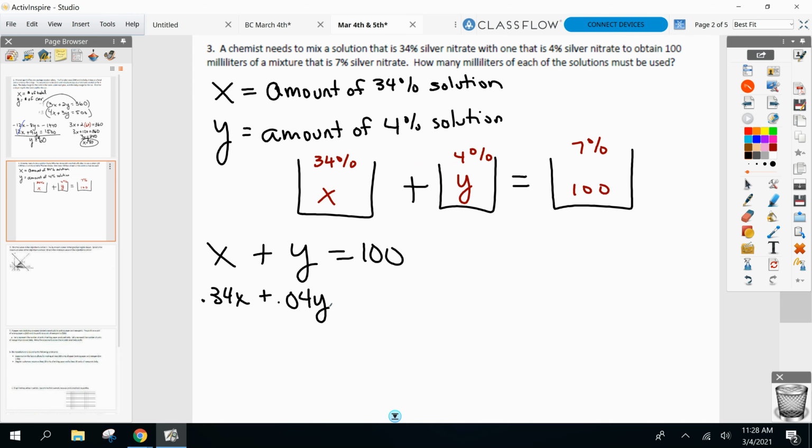So 0.34x plus 0.04y equals, guys, multiply them together. That's what I've been doing. I've been multiplying what's in each bucket together.